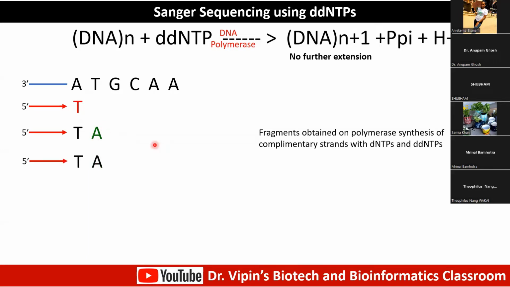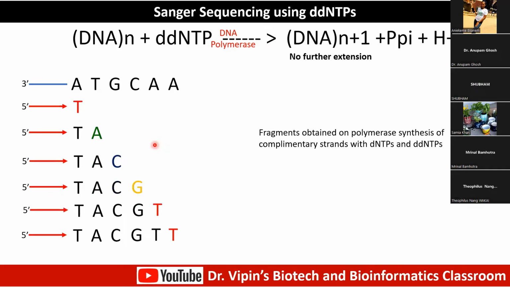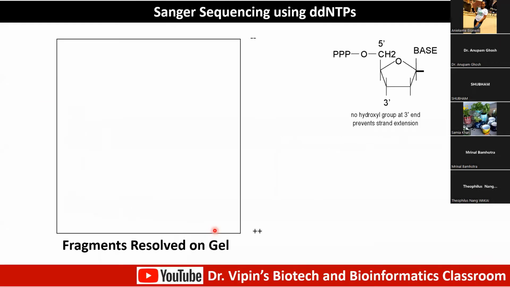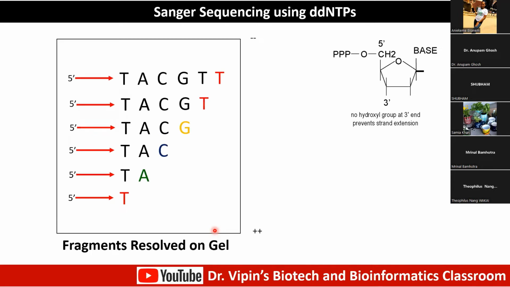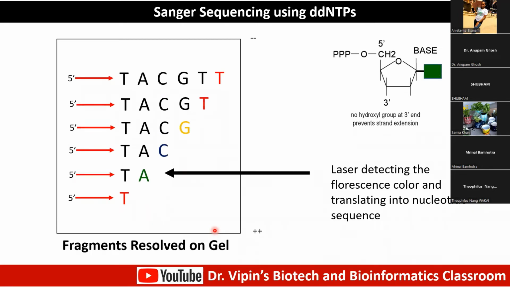Likewise, you keep doing this on these positions, and what you end up with is a series of fragments that differ from each other by one nucleotide, and they have a color tag at the last nucleotide. Because each of these 4 nucleotides has a different color, you are able to identify the last nucleotide in a particular fragment. What you do next is separate them on a gel, and the gel that we use here is capillary electrophoresis. You also observe which nucleotide is passing through at the point of observation.